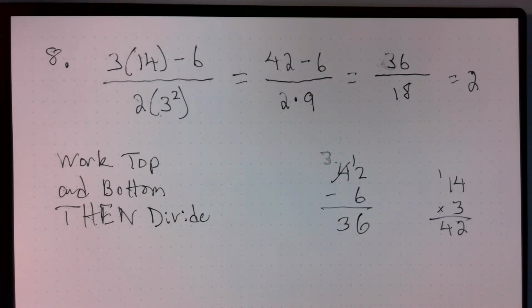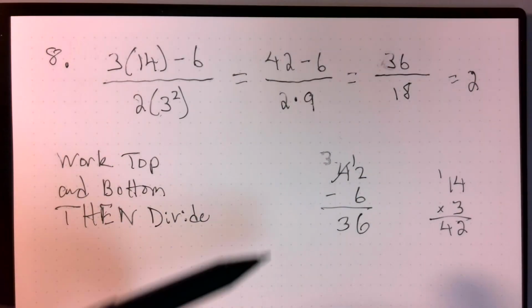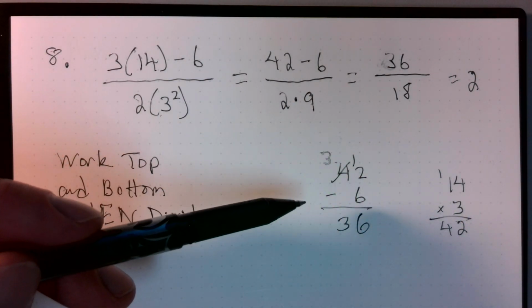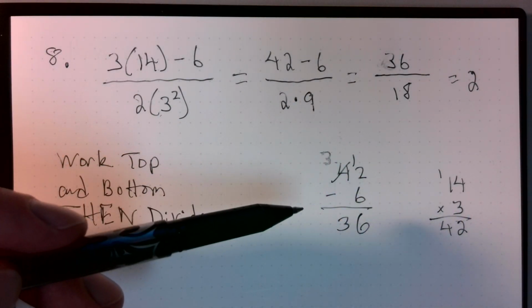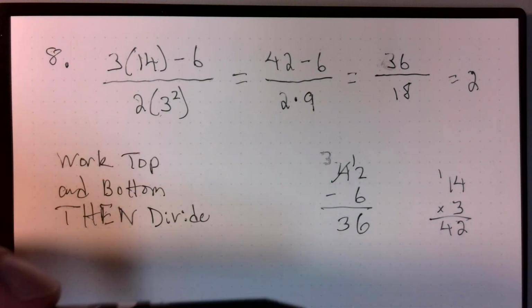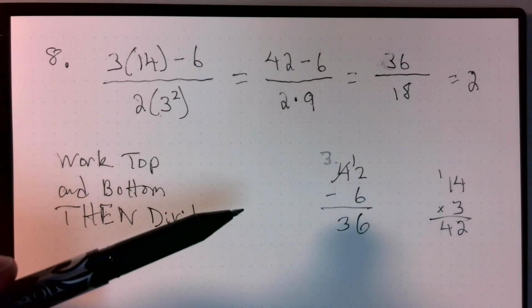This course is about getting us grounded in the fundamentals of arithmetic. If you're using a calculator to do this work, you are not getting the reps that you need. I'm supposed to be seeing this stuff on your homework papers, and if I'm not seeing that, you are not going to get credit.